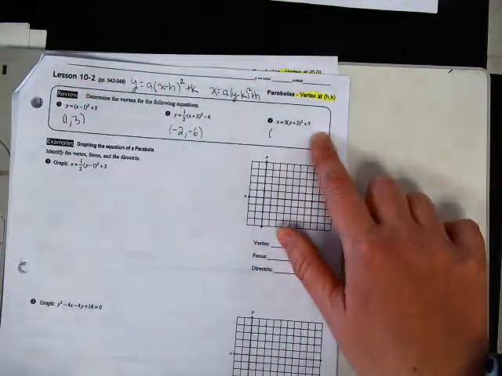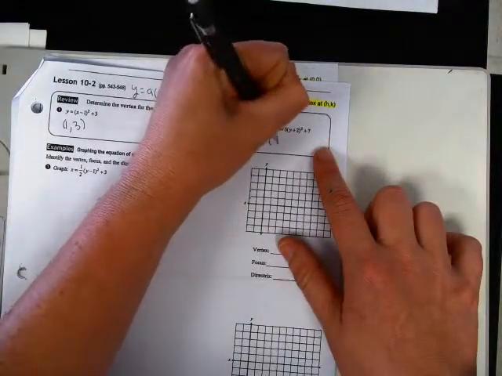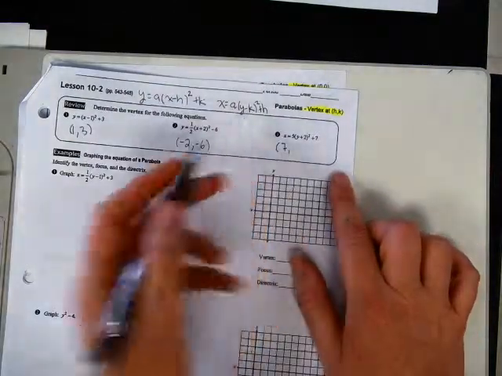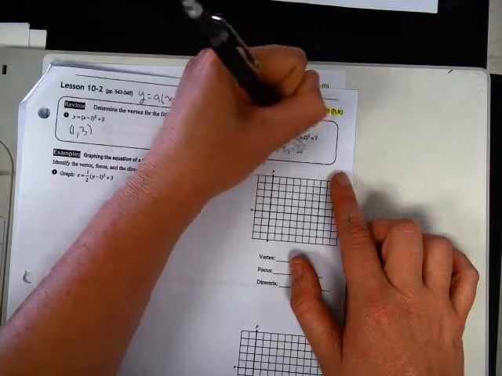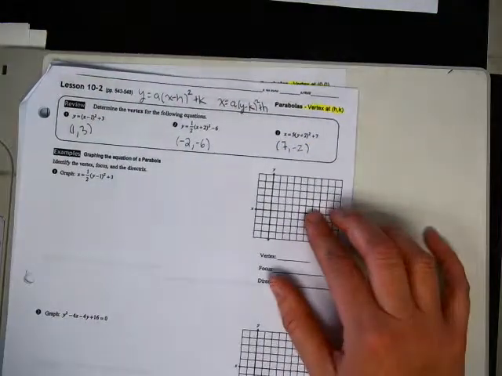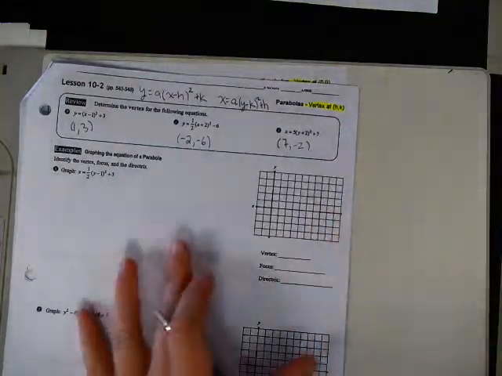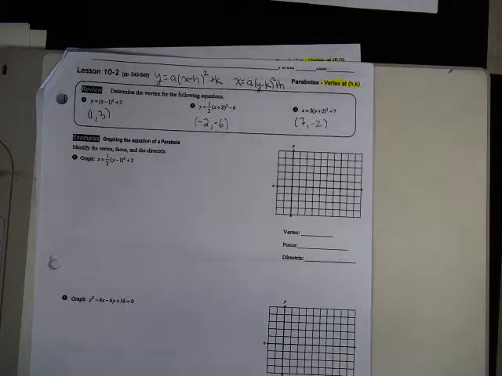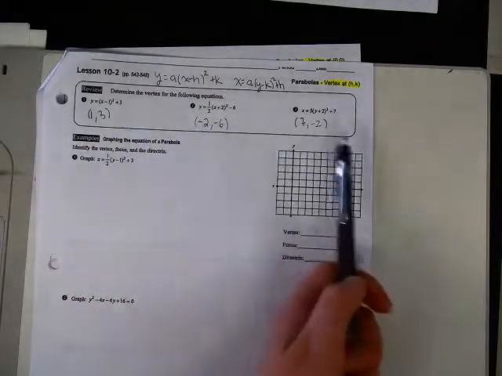So 7 corresponds with x. My vertex is 7, and this is my k, so 7, -2. So for the rest of these problems, if we're looking for a vertex of a parabola, we want to get it into this vertex form.